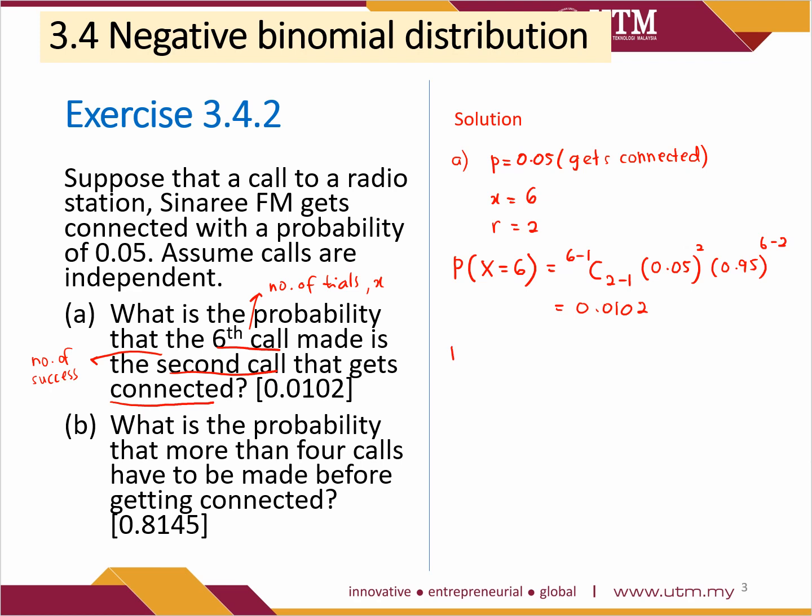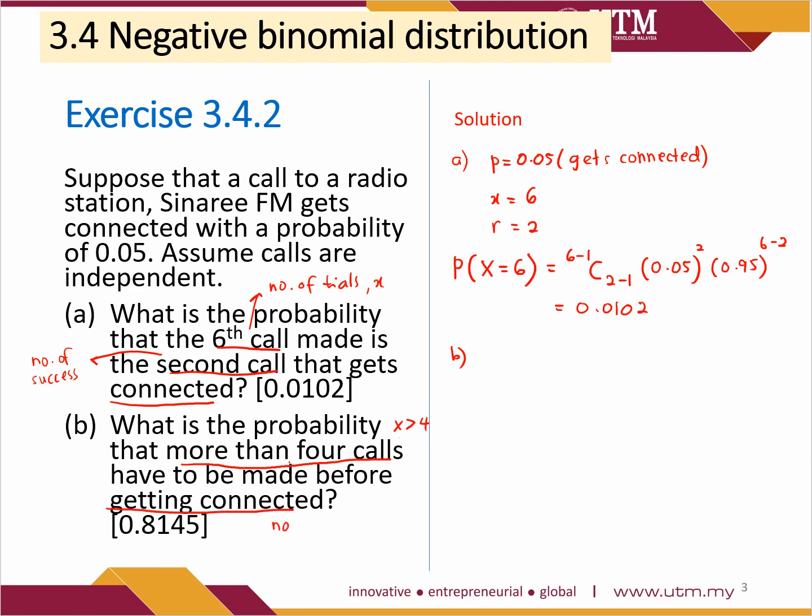And then for B, what is the probability that more than 4 calls have to be made before getting connected? This means that the number of trials X is greater than 4, and the number of successes R equals 1.